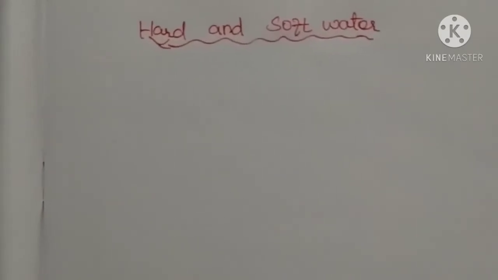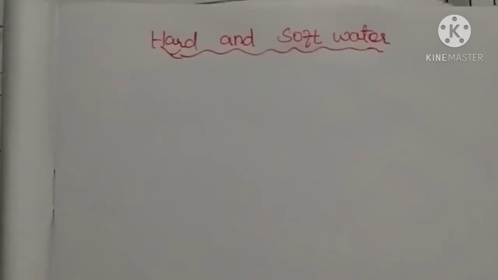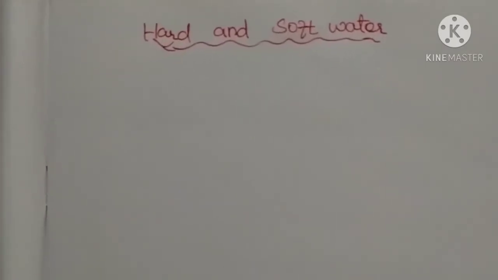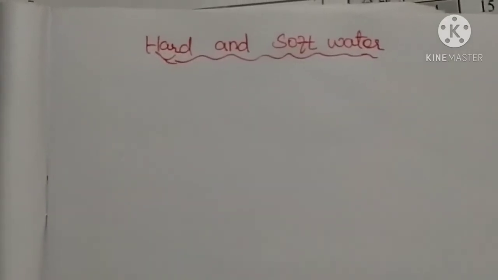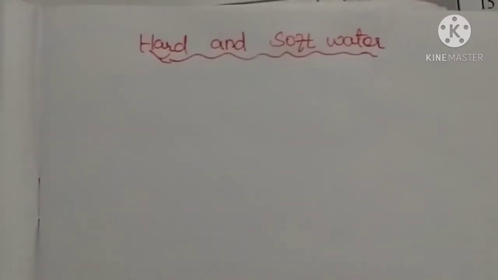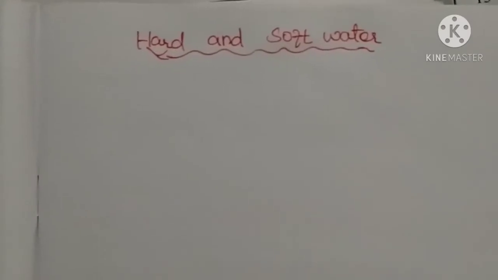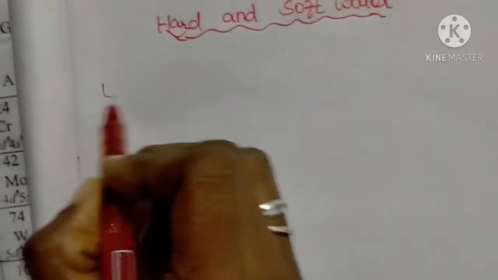When hard water is boiled, the magnesium carbonate or calcium carbonate is deposited as a precipitate. So the hard character of water precipitates out in the form of magnesium carbonate and calcium carbonate.